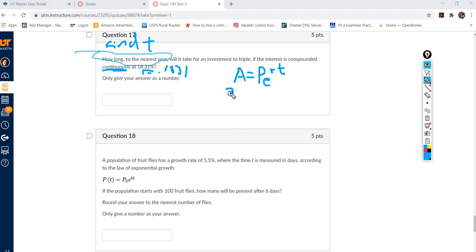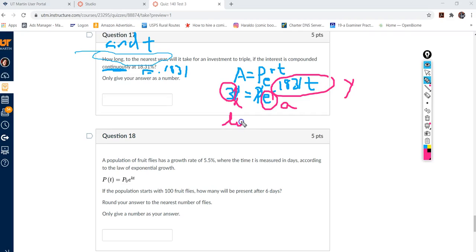Well, if it triples, you'll end with 3 times P. And now R is 0.1831, and then times T. Now we can cancel the P's. And I can do a conversion. That's my base, that's my Y, and the 3 is my X.